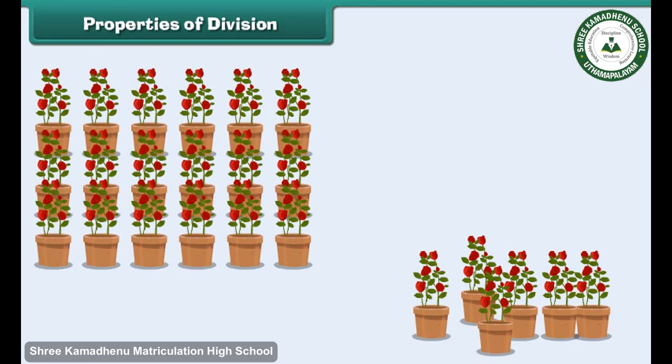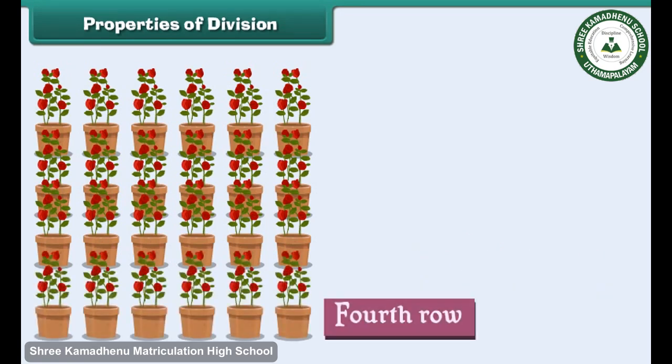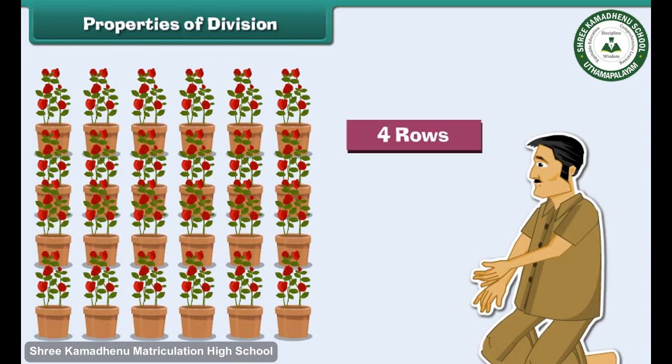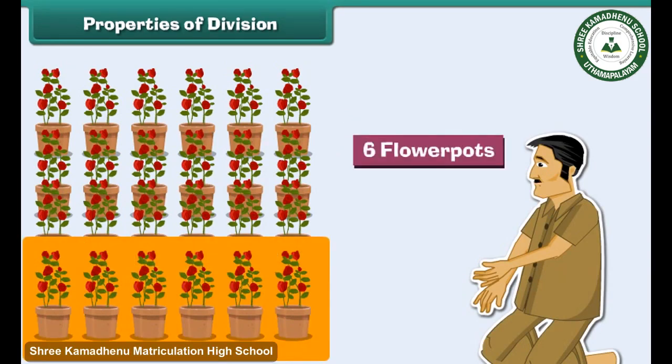He arranges 6 in the fourth row. He has no flower pots left. In other words, 24 minus 6 minus 6 minus 6 minus 6 is equal to 0. The gardener has divided the 24 flower pots into 4 rows, with each row containing 6 flower pots.